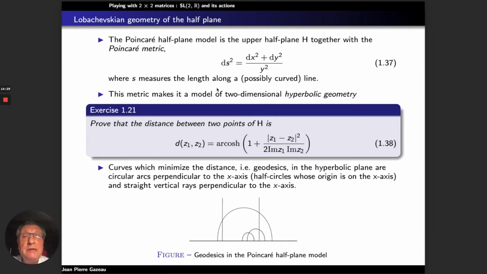That means the infinitesimal element in the half plane, ds squared, we define as the square of this element by dx squared plus dy squared divided by y squared. Okay? Where s measures the length along a possibly curved line.